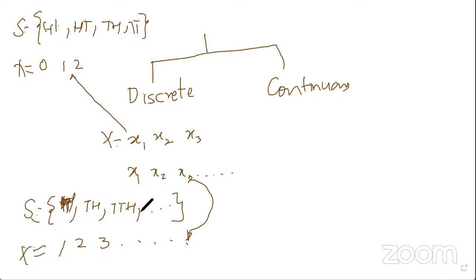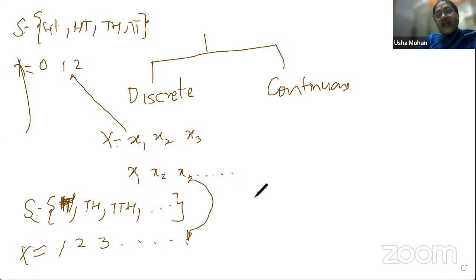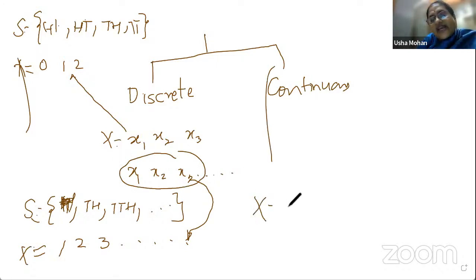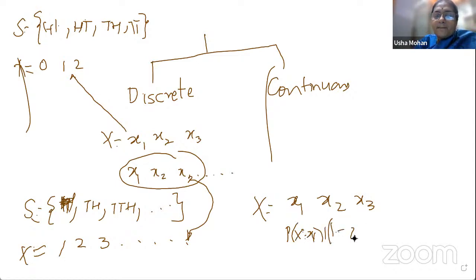Right. Now, associated with every x, I am going to use this notation because if x takes values x1, x2, x3, and so forth, associated with each one I can define a probability: probability x equal to x1, x equal to x2, probability x equal to x3, and so forth.